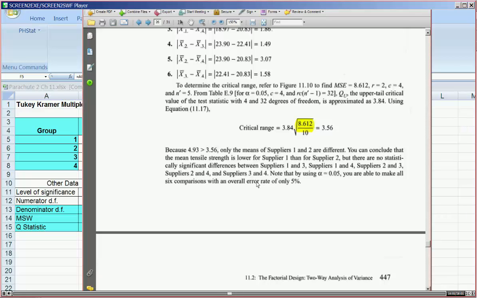So that's the long ritual which tells us exactly what we already know. The highest tensile strength was shown by the fibers from supplier 2. Note that by using alpha of 0.05, you're able to make all 6 comparisons with an overall error rate of only 5%.